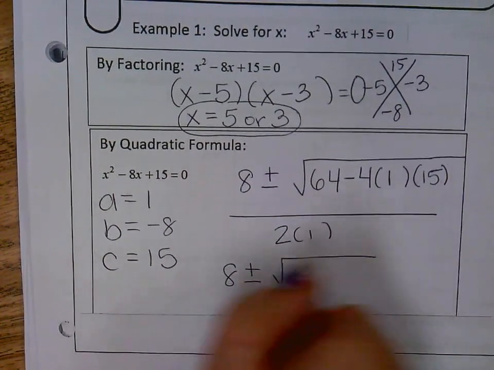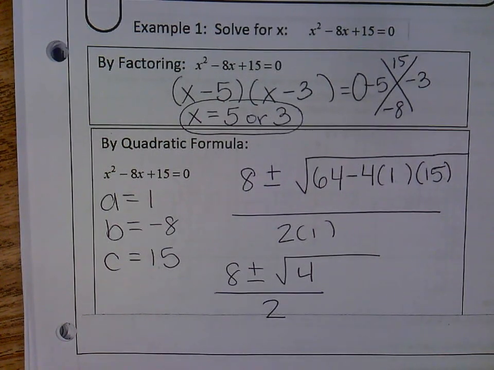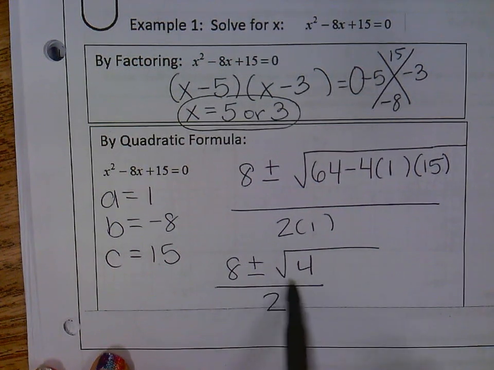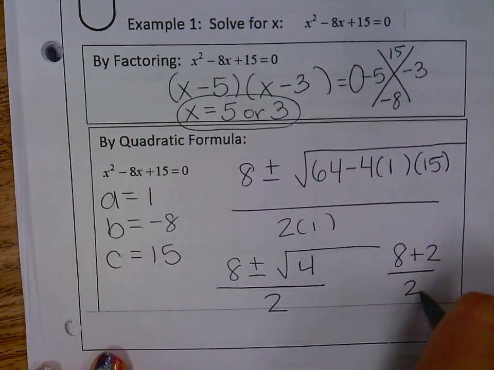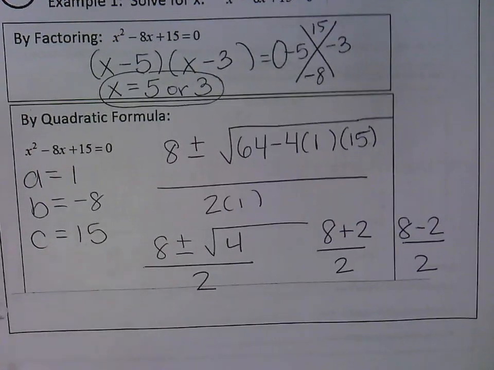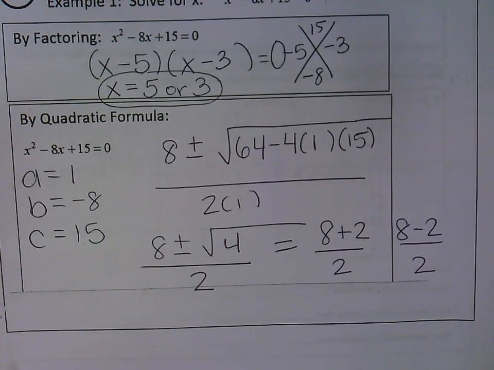And I'm dividing by 2 times 1, which is 2. So then, what is the square root of 4? So I have 8 plus 2 over 2, and 8 minus 2 over 2. I just wrote it as 2 separate fractions, one with the plus sign and one with the minus sign.